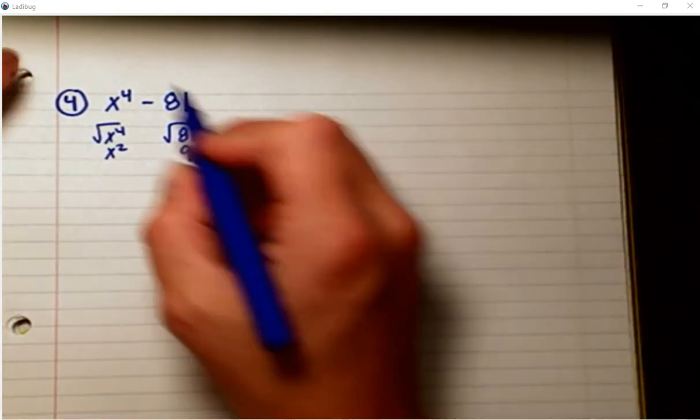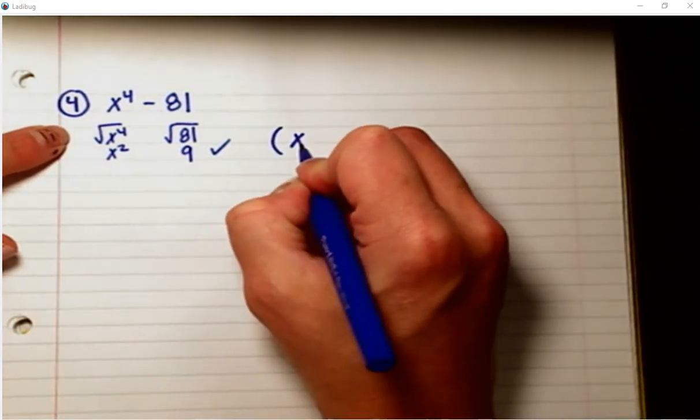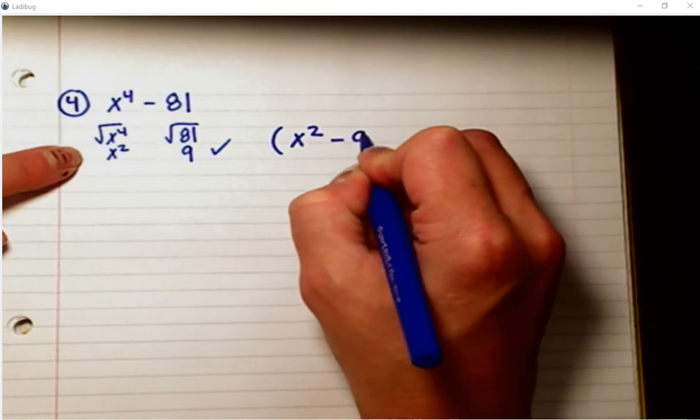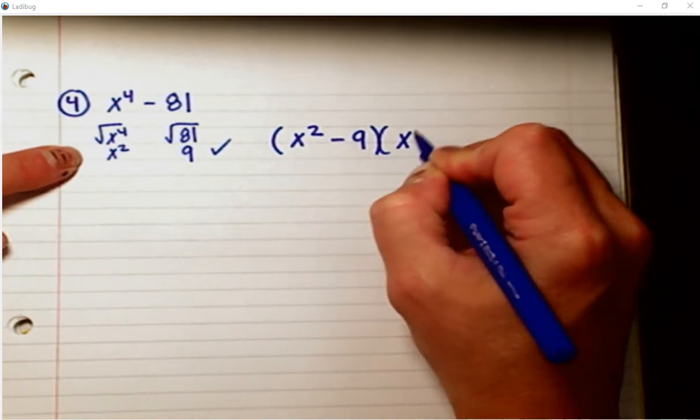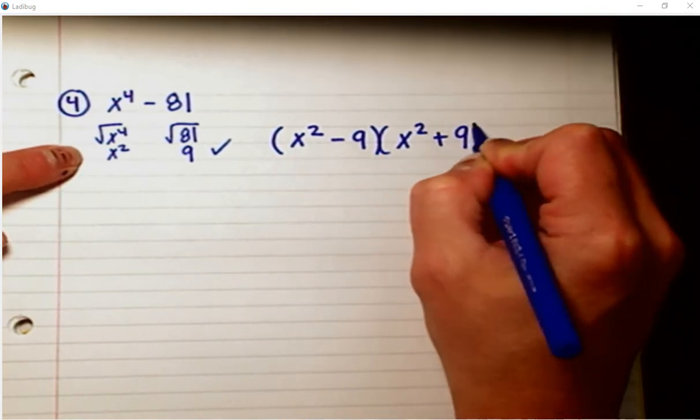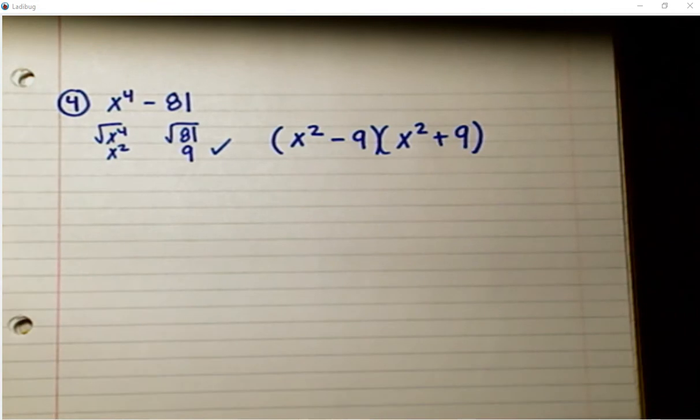So this right here is going to go x squared minus 9, x squared plus 9. That's my first round. And then I look at it and they still look like perfect squares. So do it again.